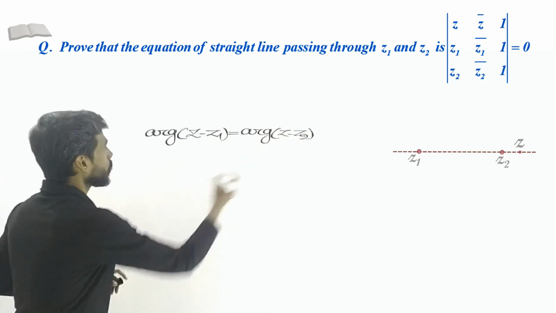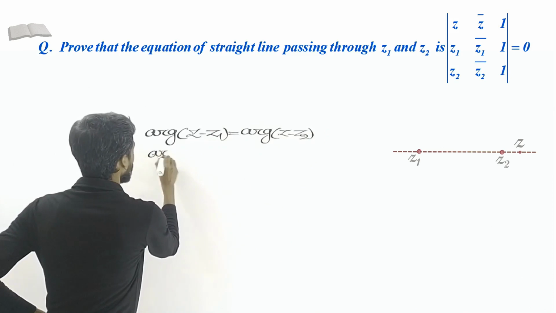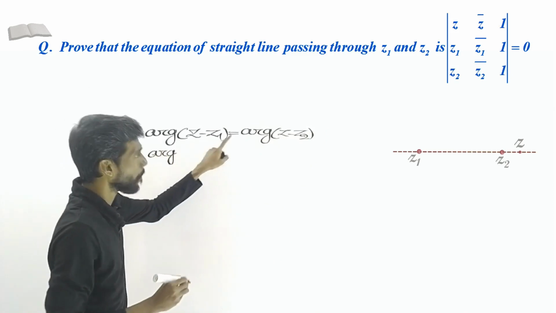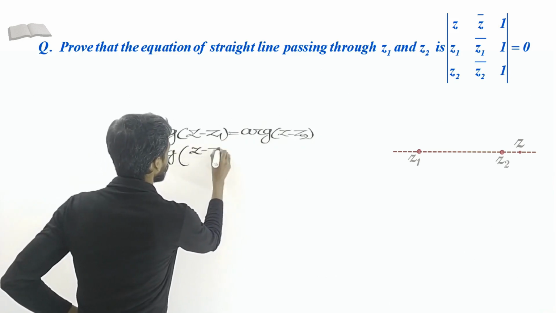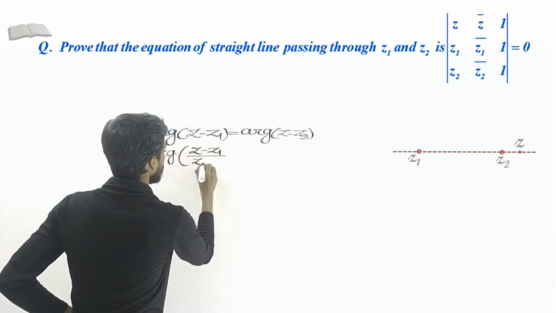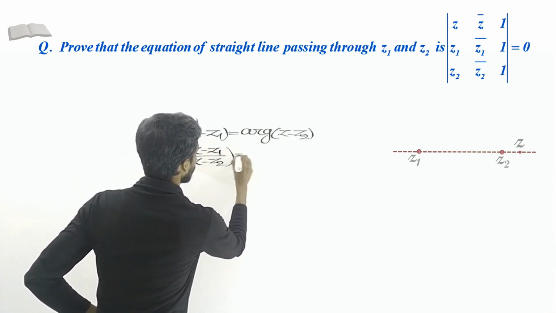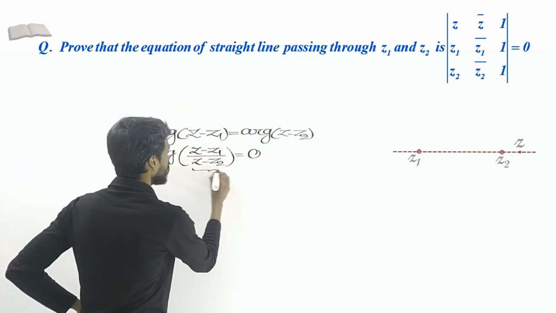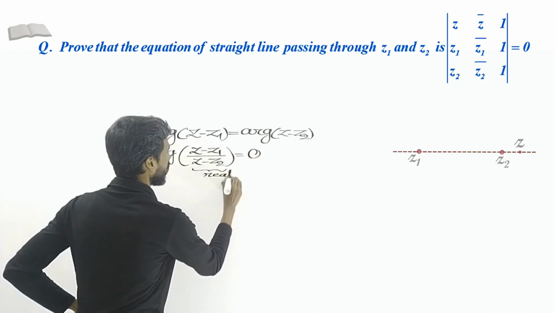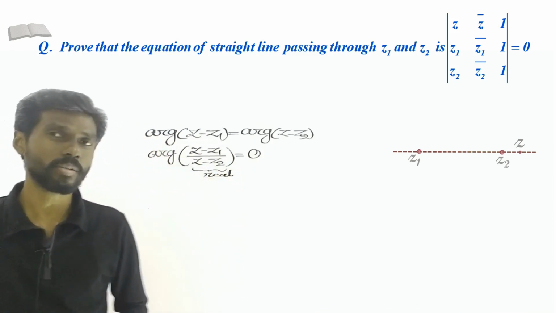Now we can bring it to the left hand side. Argument of z minus z1 minus argument of z minus z2, so we can write it as a division: argument of (z minus z1) divided by (z minus z2) equals 0. The argument of a complex number is 0, so that has to be a real number.